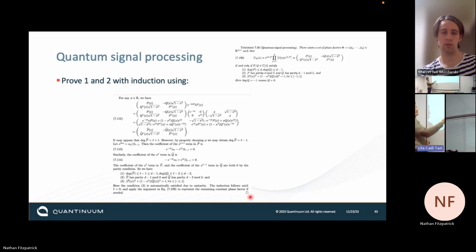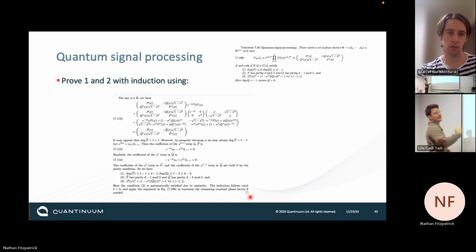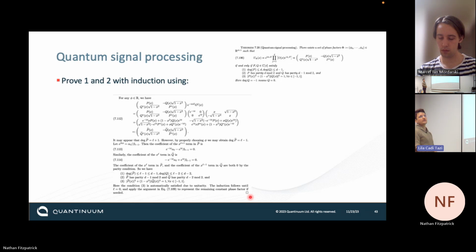But in fact, we can simply choose a phase, this phase here, so that if it's chosen like this ratio, then the leading terms will cancel, are equal to 0, and so that's not the case.